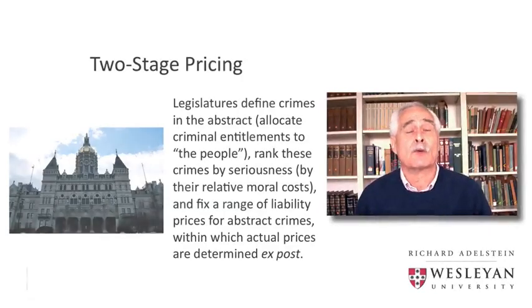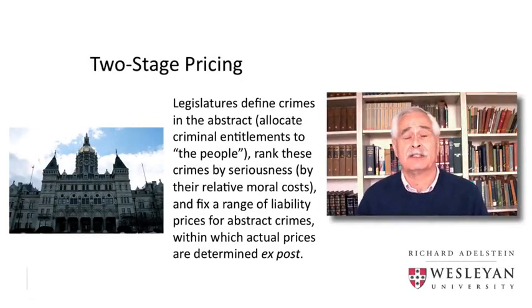So, how are criminal entitlements priced in the United States? The answer is that they're priced in a two-stage pricing process that involves both legislatures, the original determiners of criminal entitlements and the range of criminal sentences, and trial courts themselves, which, after the crime has been committed, on the basis of the evidence placed before the judge and the jury about the circumstances of the case and the identity and situations of the offender, fix the final penalty.